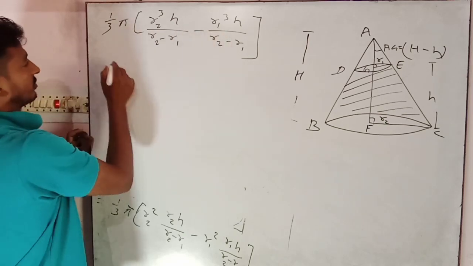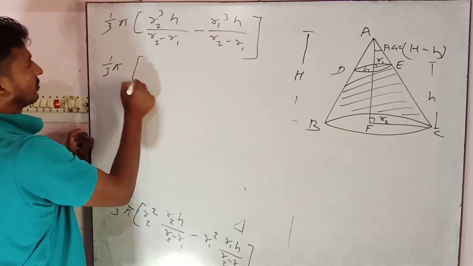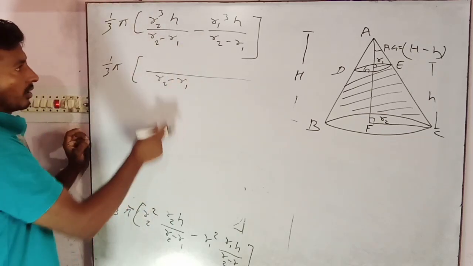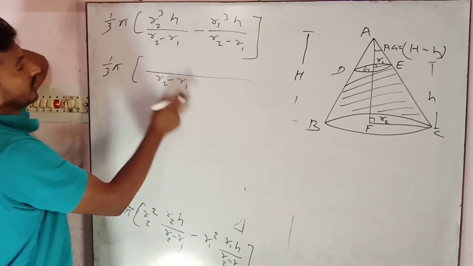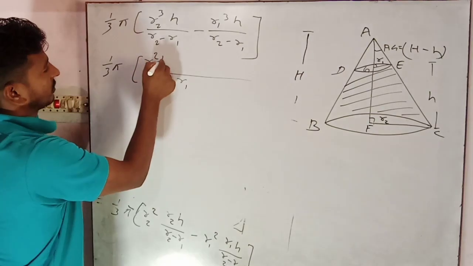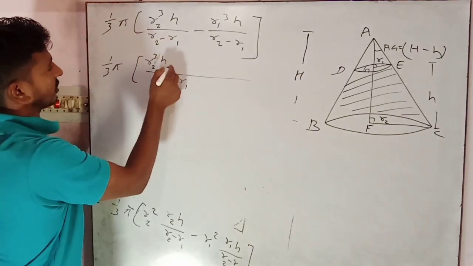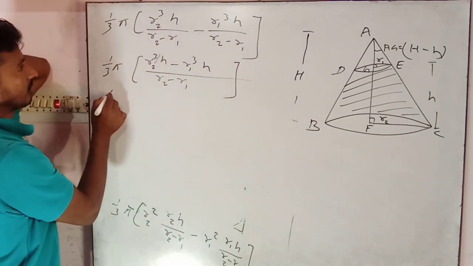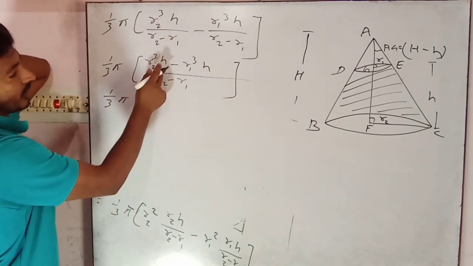Now we will take the LCM, because the denominator is equal, so LCM will become R2 minus R1 only, R cube h. Now can we take h as common?